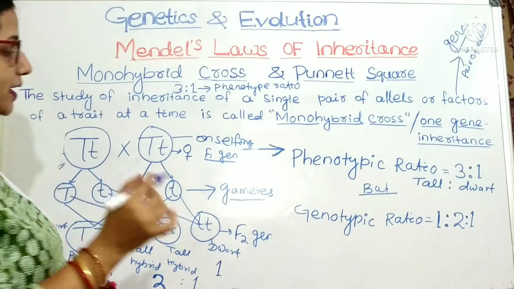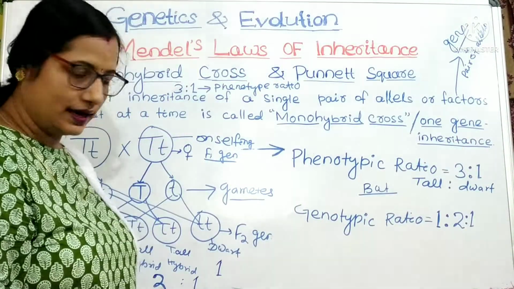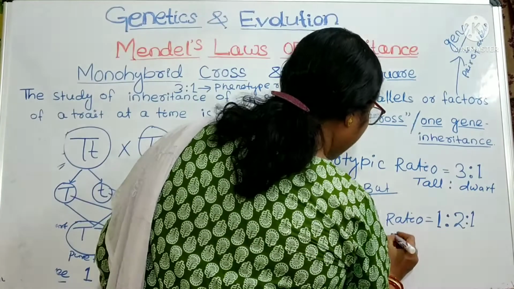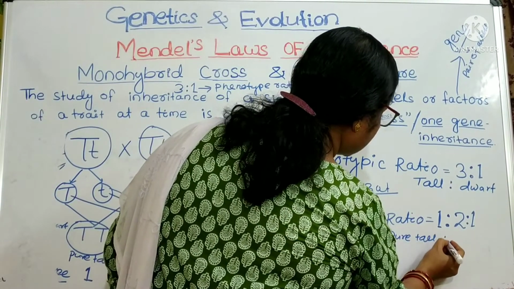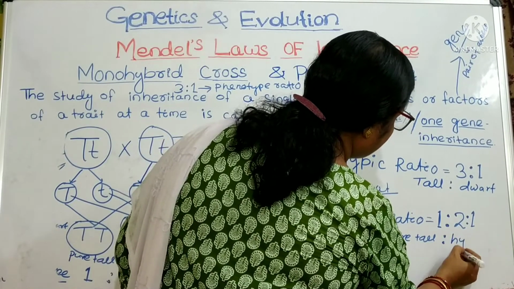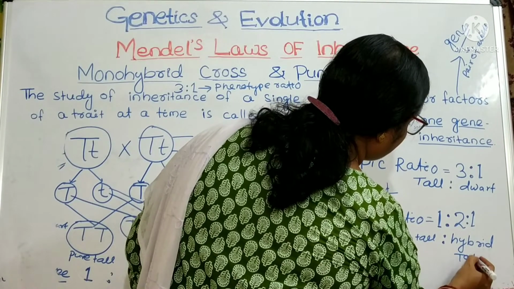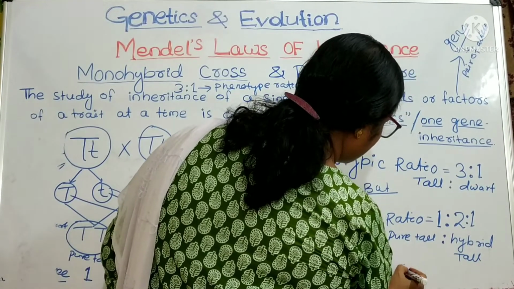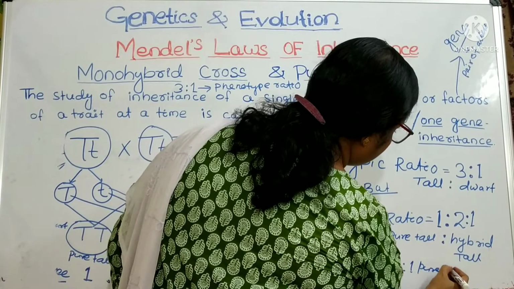And the genotypic ratio is 1:2:1 because one is pure tall, two are hybrid tall, and one is pure dwarf.